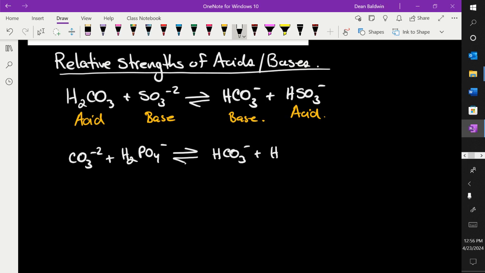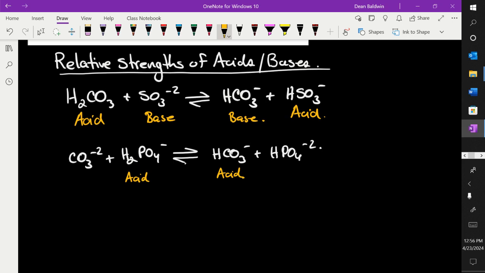HPO4, right? Minus 2. And the charges have to balance. So we have minus 3 on the left side, minus 3 on the right side. Okay. So we know what the acids are. The acids are this, and going back the other way, this.